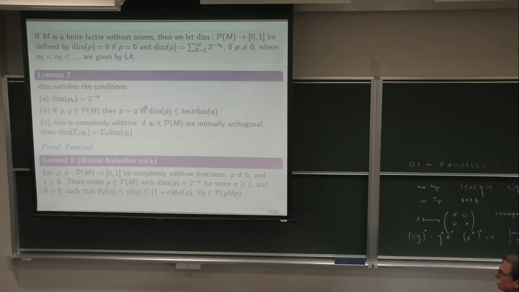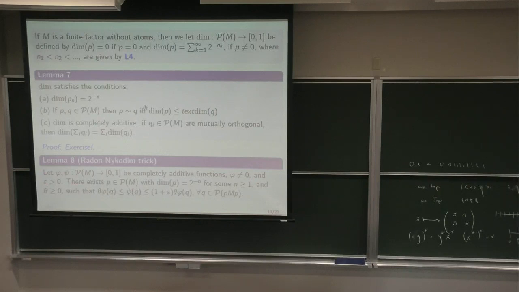So I take two functions, phi and psi, from the projections of M to the reals, with just the property that they are completely additive, okay? And phi different from 0. And I take an epsilon.